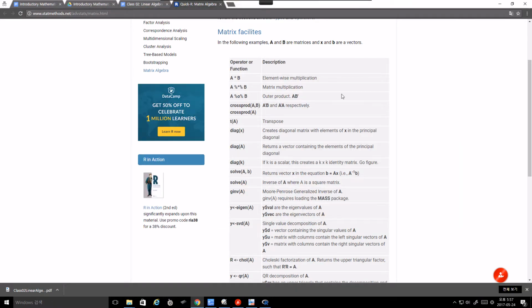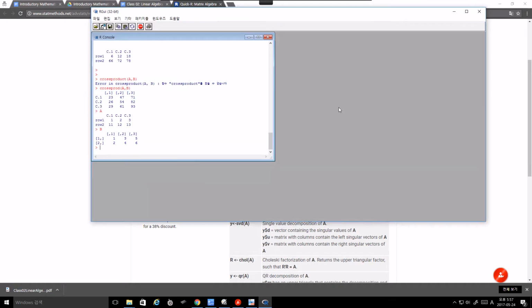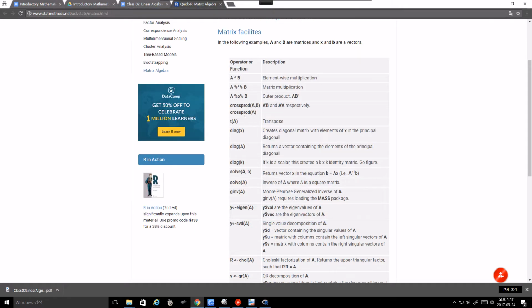And then this is basically the same as the transpose of A and B. So the transpose of A multiplied by B is this one, which is the same as the cross product of A and B. Okay, they are the same. Cross product of A is A prime A. So cross product of A is the cross product of A and itself.